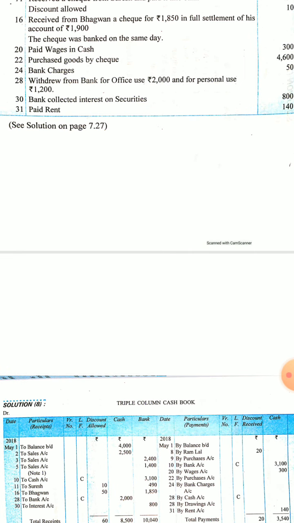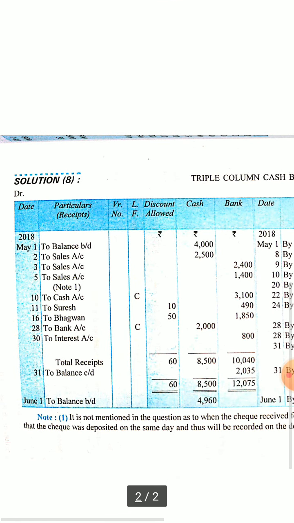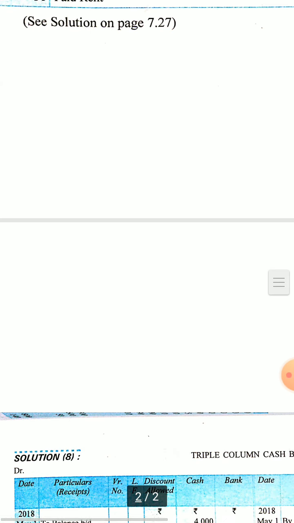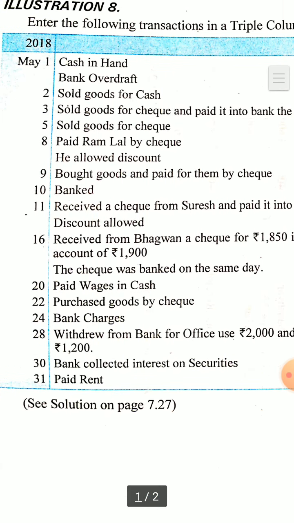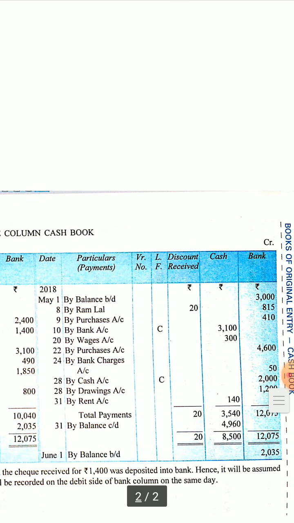Here bank paid interest on securities. The investment which is made, or even on the saving account, some interest becomes due after some time. So that is directly credited by the bank to the account. Here also you have to assume that interest. Now paid rent, so by rent in the cash column 140.